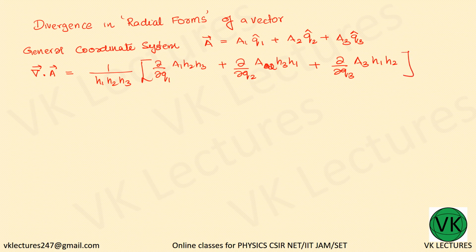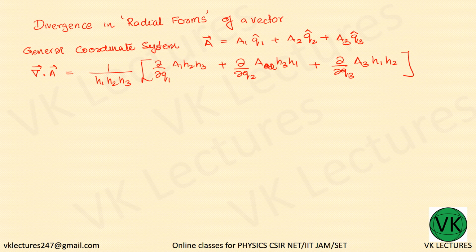So this is the divergence, but we know only the first term will remain because it is in radial form, a function of r alone. That means A is a function of r alone.